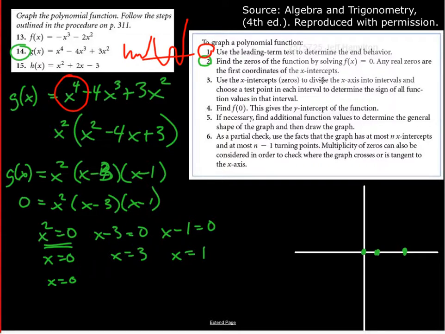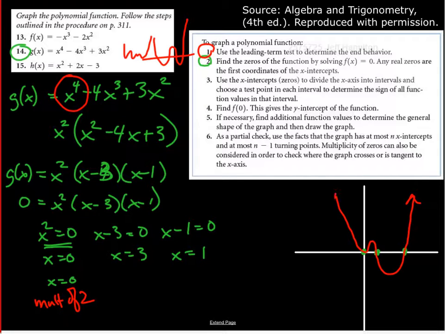Okay, use x-intercepts to divide the axis into intervals. Okay, I could do that, intervals. But I know it starts high and ends high. So maybe I'll just try and draw it. At 0, multiplicity of 2. And so I'm going to come down and just kiss the graph at that point. Come back up, go back down, and then come back up.